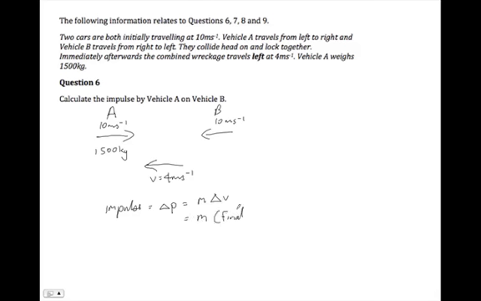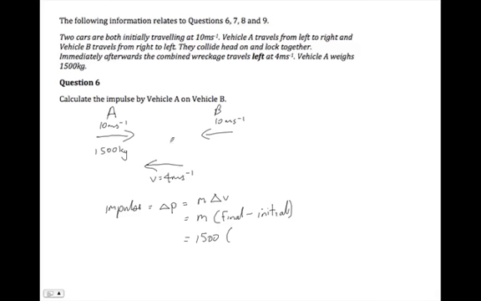final minus initial. And so we can work out the impulse, or the change in momentum, of A. So that mass of A is 1,500. Its final velocity is 4 metres per second.